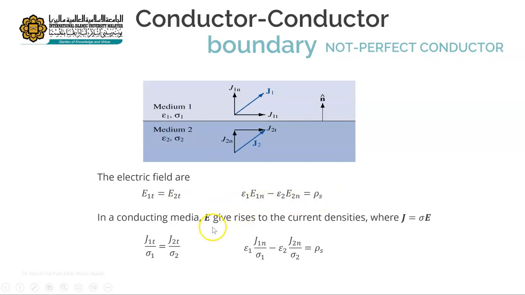In a conducting medium, E gives rise to the current density, where J is equal to conductivity times the electric field. So E is actually equal to J over the conductivity. That's why you have J over conductivity at medium 1, which is equal to J over conductivity at medium 2, and so on.